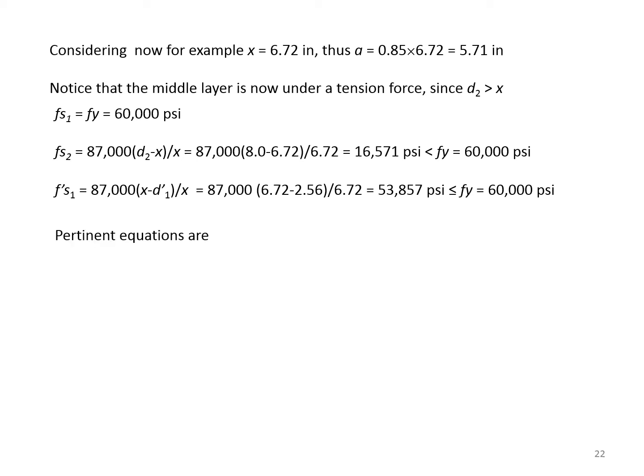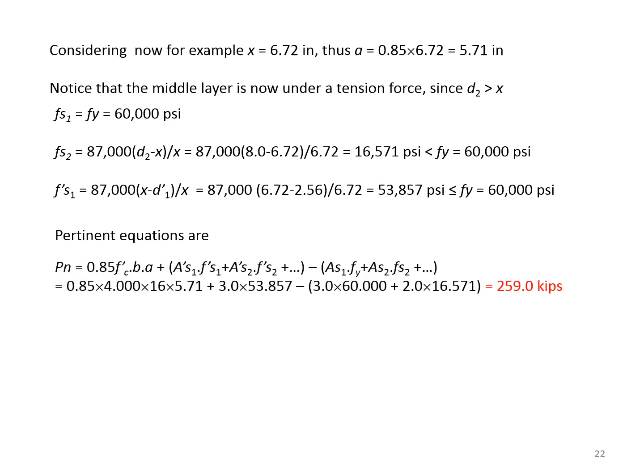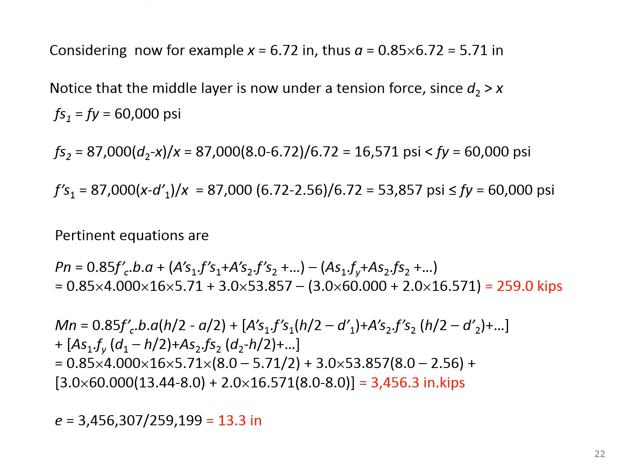And once we plug them in the equations for Pn and Mn, we find Pn equal to 259 kips and Mn equal to 3456.3 inch-kips, with the eccentricity equal to 13.3 inches.